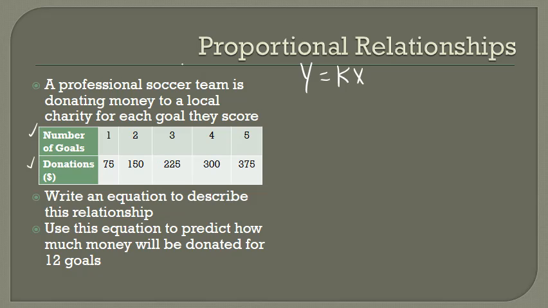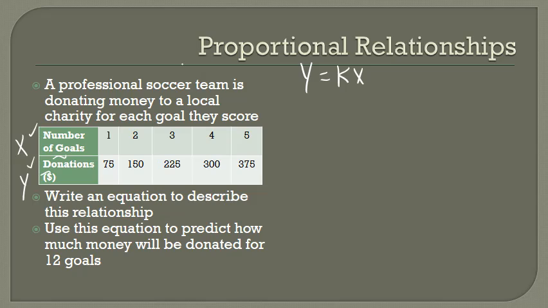I can look at this as this first row giving me x values and this second row giving me y values. I wouldn't have to use those variables. I could use G for goals, let's say, or D for donations. I just like x and y when I can use them, just to be consistent. And then we're asked to write an equation to describe this relationship.